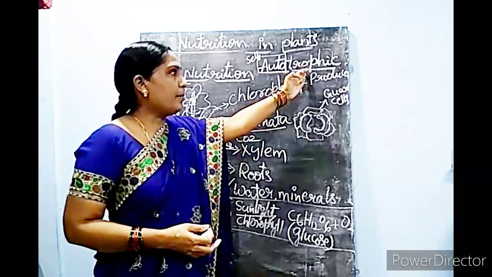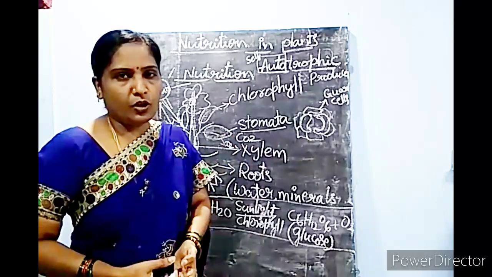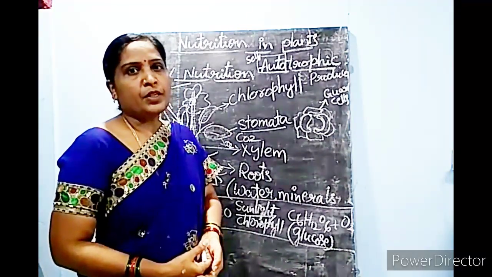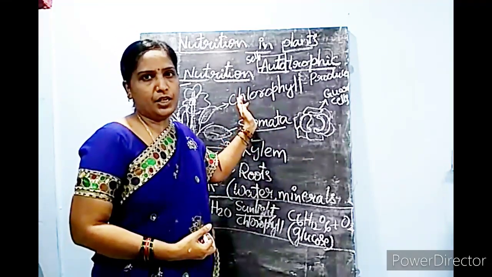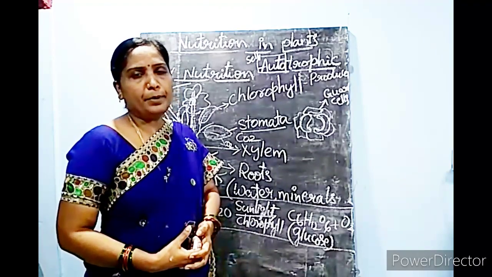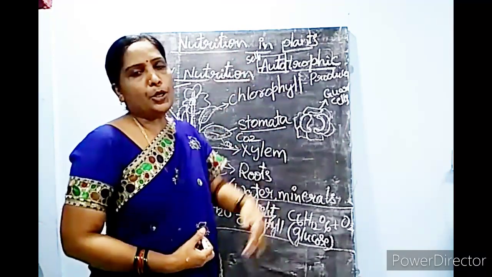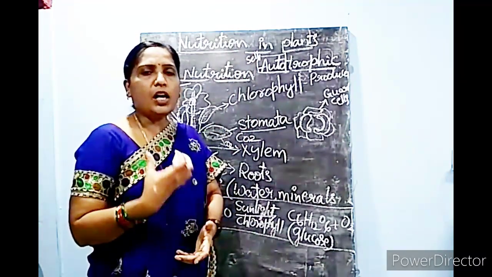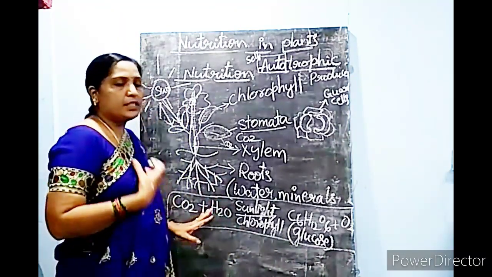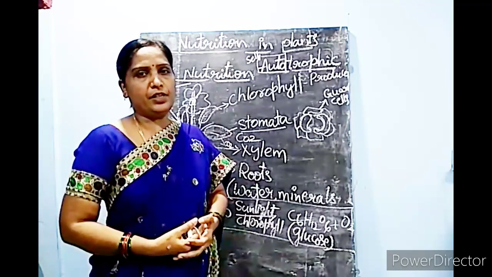That means they are combining all the different raw materials and preparing their own food. Such type of nutrition is known as autotrophic nutrition. All our green plants come under autotrophic nutrition. They all are autotrophs.